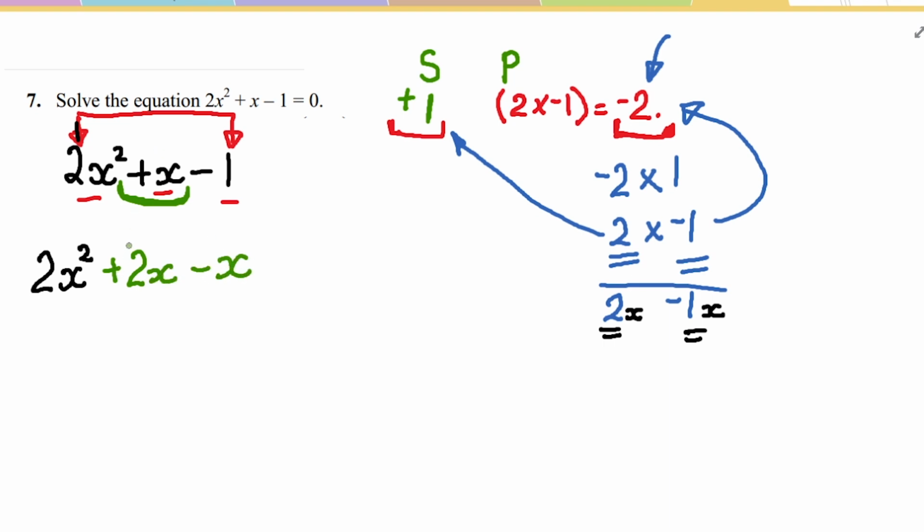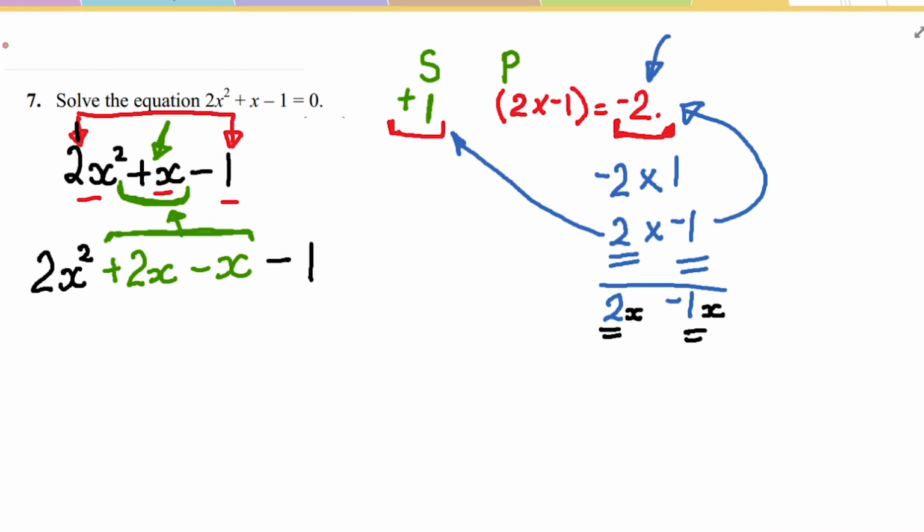Notice that positive 2x minus x still gives us positive x, so the original expression has not been changed. We've only split it into two using those two numbers. So it's 2x minus x, then we continue minus 1.